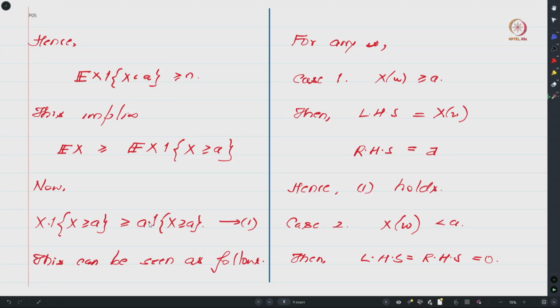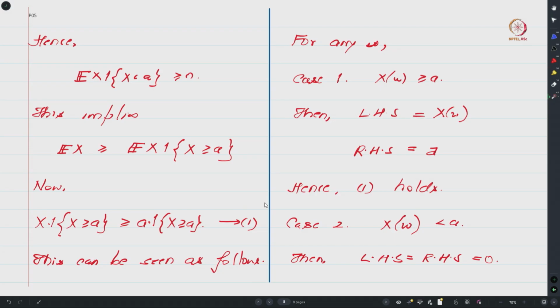So for any omega, either x of omega is bigger than a or x of omega is less than a. First let us consider the easy case, that is x of omega is less than a. Now if x of omega is less than a, then this indicator is 0 and this indicator is 0, which implies that both the right hand side and the left hand side are 0, and hence 0 is bigger than or equal to 0, which is what equation 1 is telling us, so equation 1 indeed holds, right.